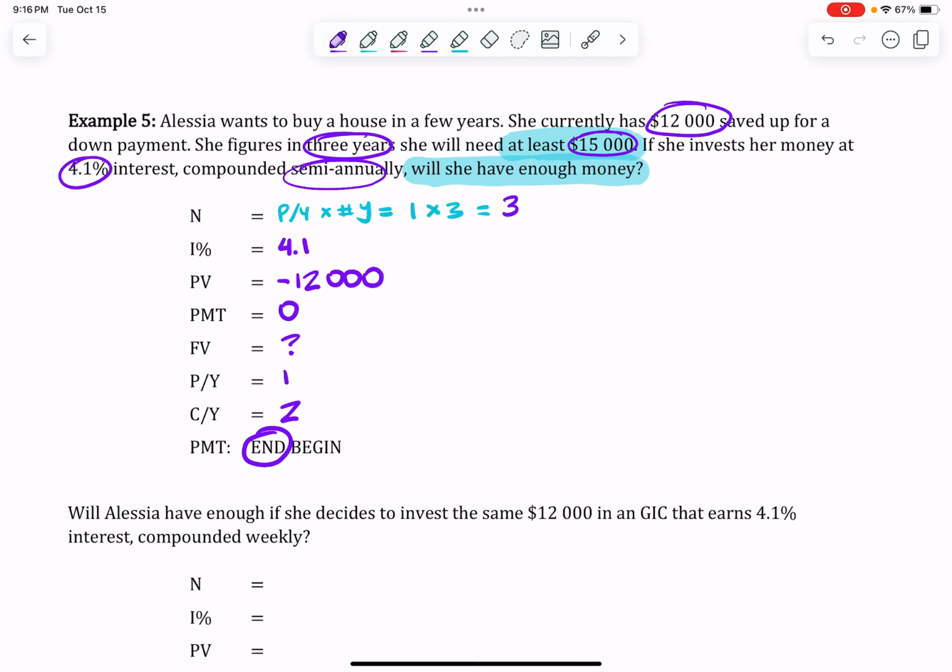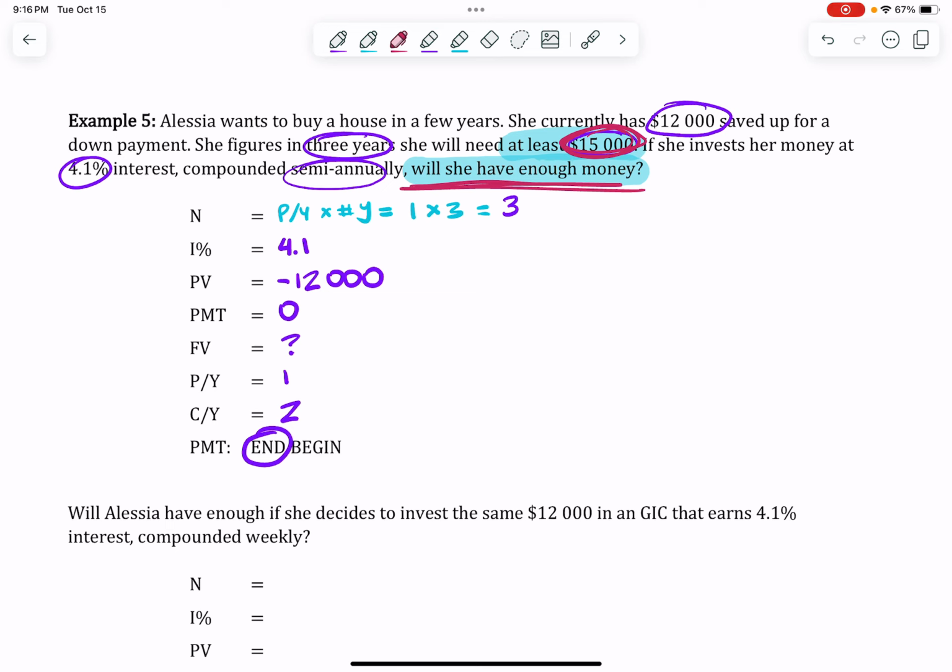Now, important pieces to also recognize of how did I know that this 15,000 wasn't going to go in there, other than the end part saying, will she have enough? Okay, if I plugged in every single value that I had here, I would actually have no blanks. And the whole idea of TVM Solver is that it is solving for a missing value, right?